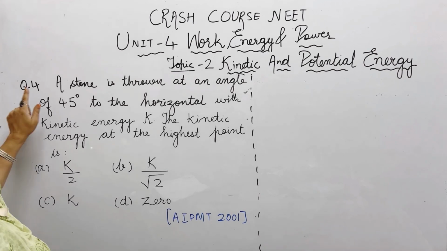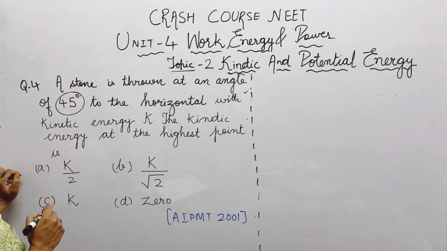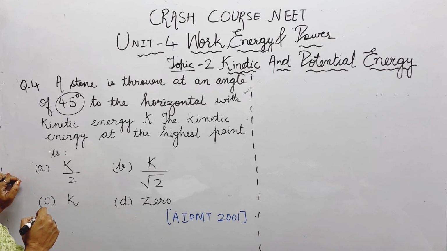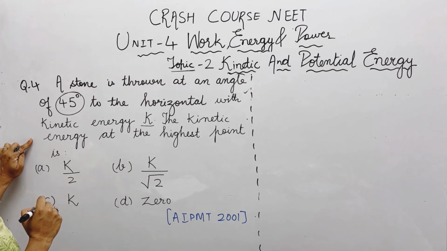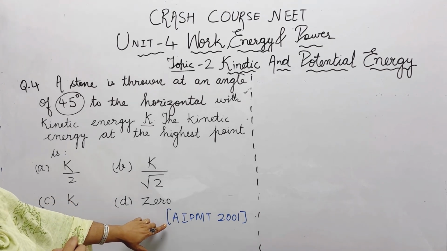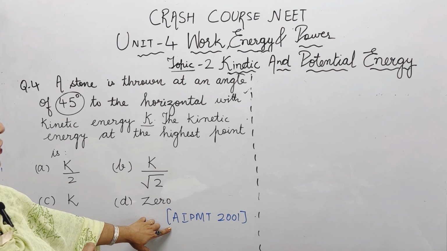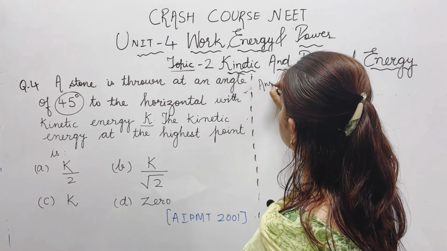Now the question number 4: a stone is thrown at an angle of 45 degree to the horizontal with the kinetic energy K. The kinetic energy at the highest point is, and the options have been given. This question has come in All India PMT 2001. So let us go by the statement of the question.